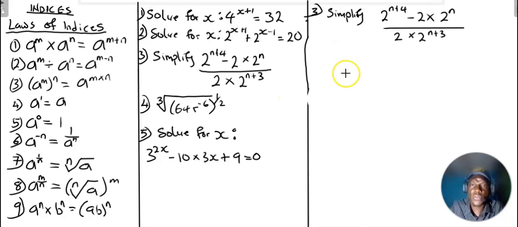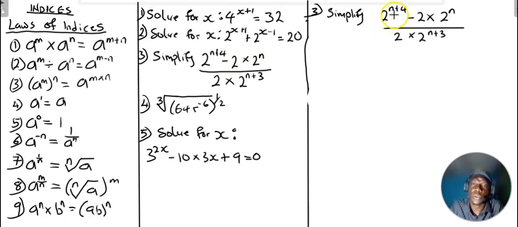Now for question number 3, we simplify (2 raised to power n plus 4 minus 2 raised to power n) all divided by (2 times 2 raised to power n plus 3). So this is very simple. It's almost similar to what we did in question number 2. The first thing we have to do is apply the indices multiplication law.